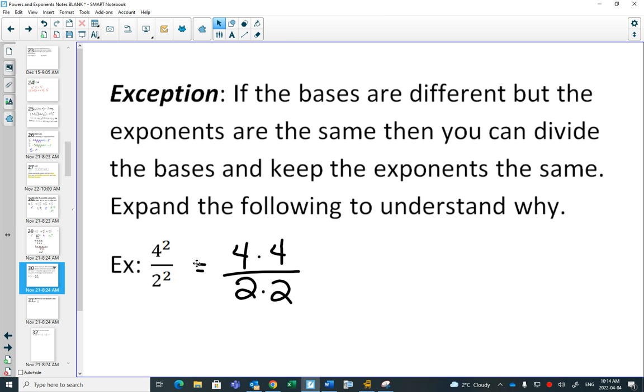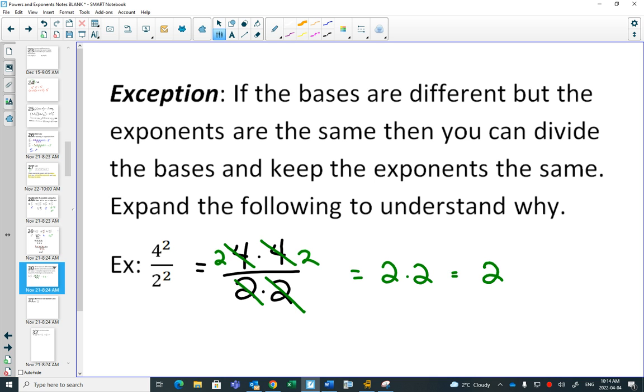And then, would you agree that 4 divided by 2 would leave you with 2? And this 4 divided by this 2 would leave you with 2? And so you're left with 2 times 2, which is 2 squared, which is 4. Check this out.